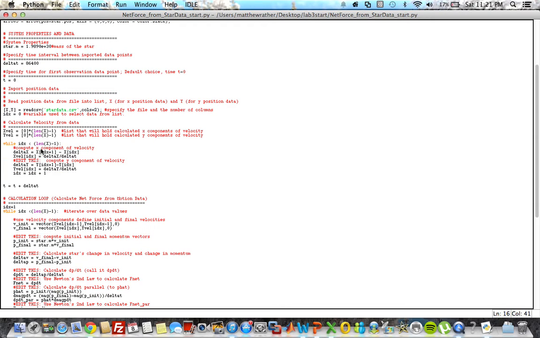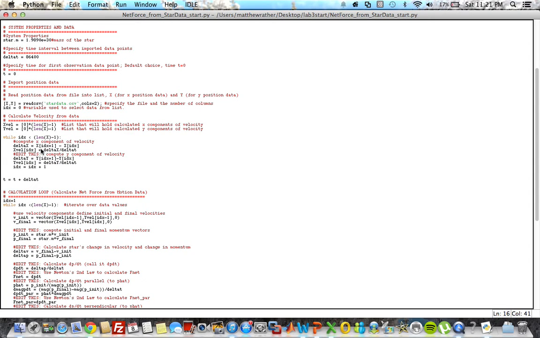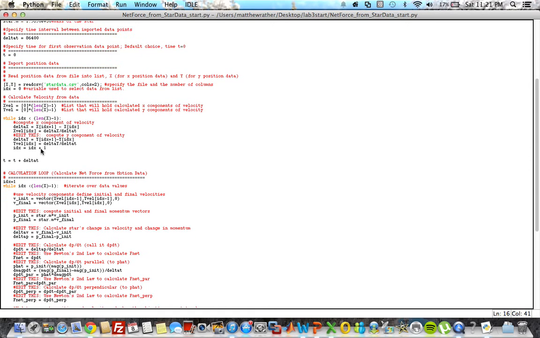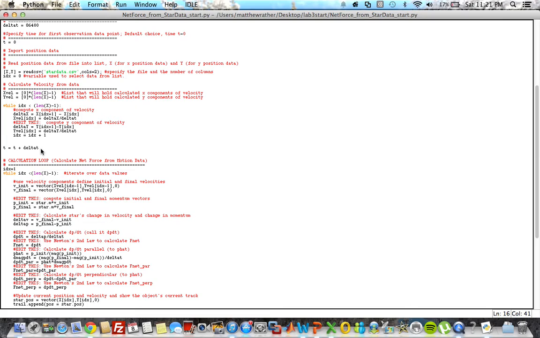Next, let's take a look at the first while loop. In this part of the code, the program will loop through the given CSV file of x and y coordinates to calculate an initial and final velocity for each data entry until it reaches the end. These velocities are then placed in the next while loop to calculate initial and final momentum from the velocities by multiplying by the star's mass.